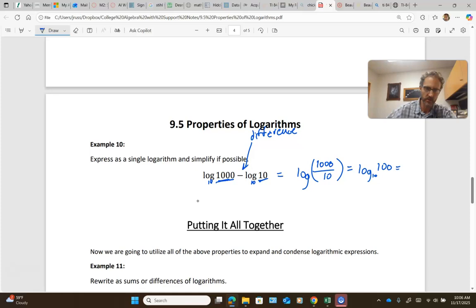You can evaluate this one by hand if you want. You can think, 10 to what power is equal to 100? Well, 10 to the second power is equal to 100. So all of this condenses down to just 2.